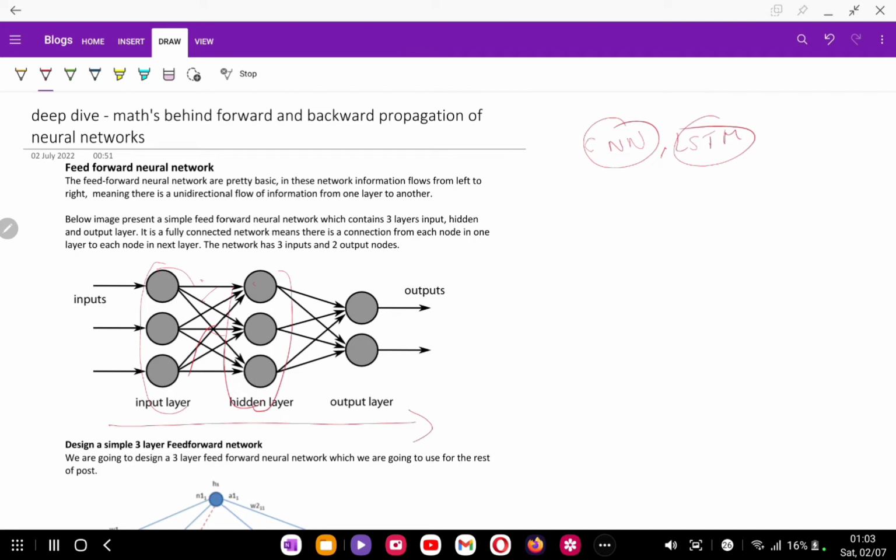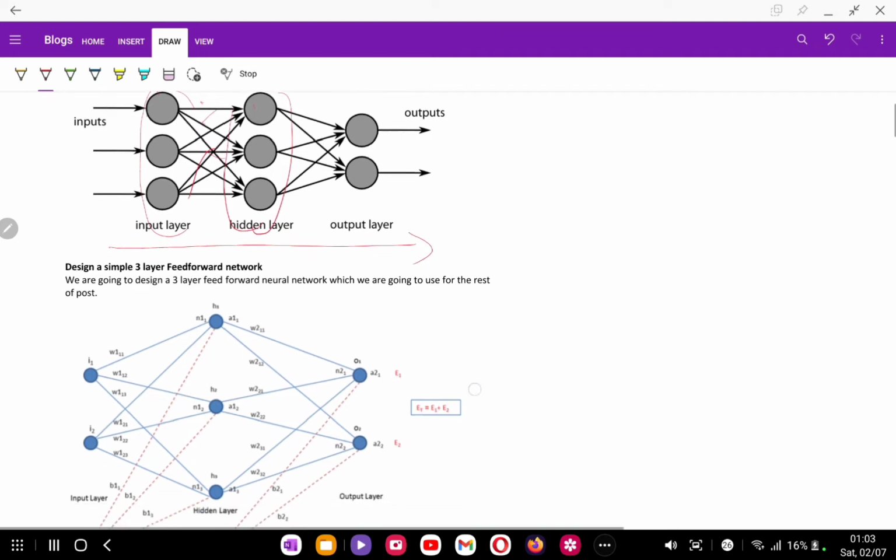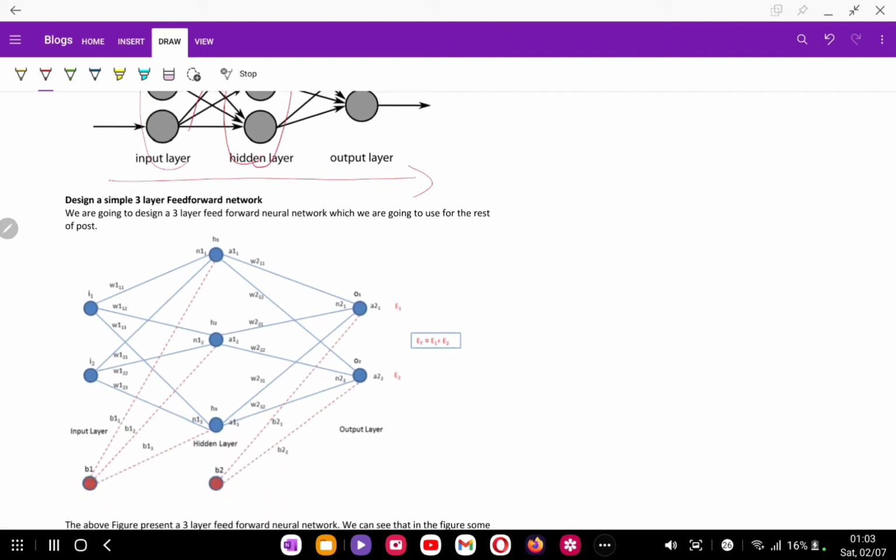Now, let's take an example. We are going to build a network which contains two layers, layer 1 and layer 2. Let me show you a zoomed-out view of how our network will look.